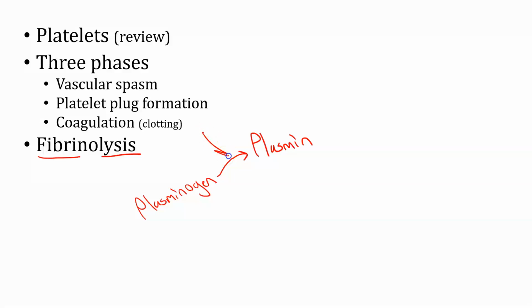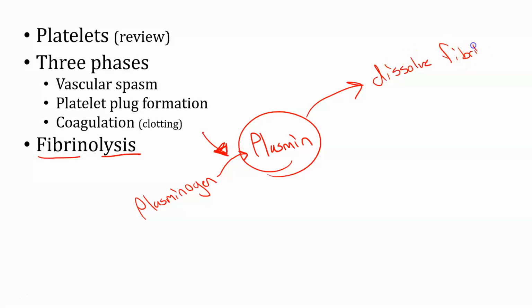This conversion is also made by another protein, which I want to ask you to remember. But plasmin will then go in, and then it will dissolve, basically, or break down fibrin. And once fibrin is broken down, then the platelets and everything are kind of freed up, and the body can start to rid itself of the clot and hopefully replace it with repaired tissue.